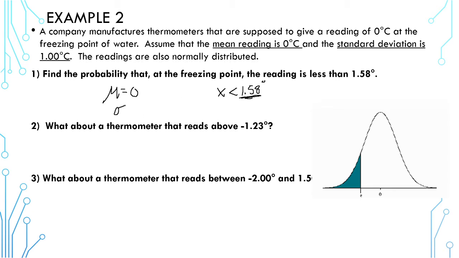If the deviation is 1 degree, each jump of 1 is 1 deviation, which is a nice deviation to have. That means this is simply 1.58 deviations above the average, because how many 1s are in 1.58? 1.58 times. So if you have a deviation of 1, essentially your readings are going to be your z-scores.